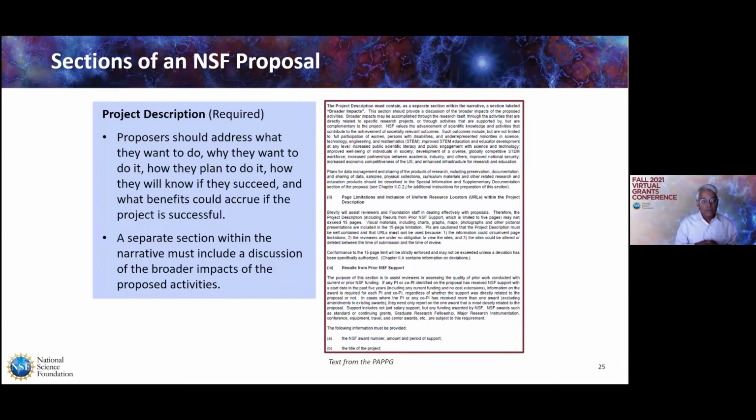So the project description is probably what you think of as the most important section in the proposal. This is where you're talking about the full narrative of what you're proposing to do, what the idea is, who's going to do the work, how are they going to do it, why they want to do this work, and how will you know if the project is successful, right? As well as what societal benefits are going to accrue when the project is successfully completed. A narrative section is a required section.